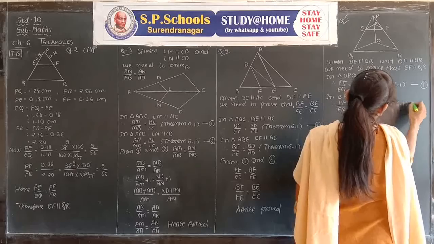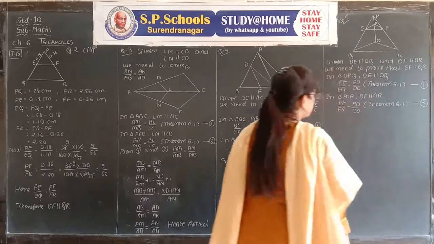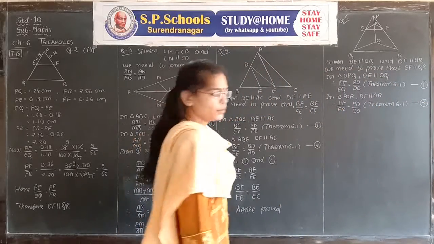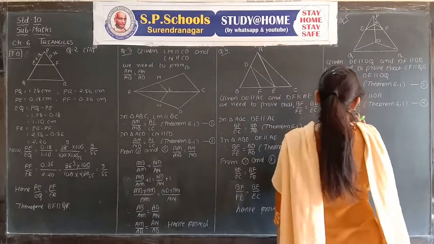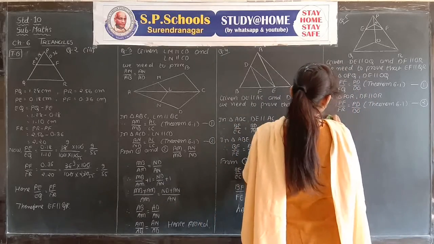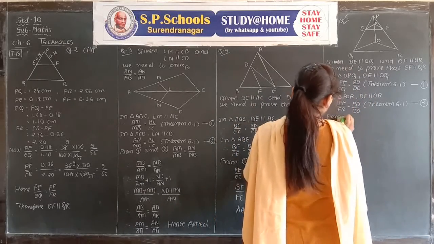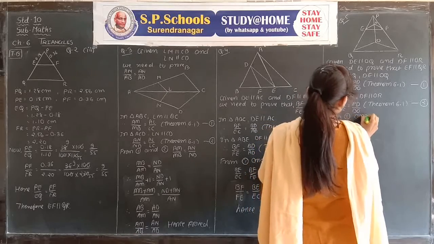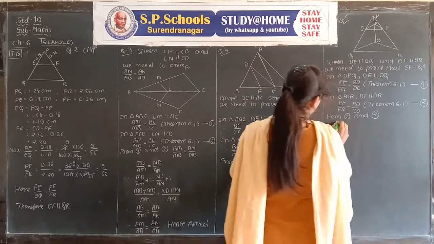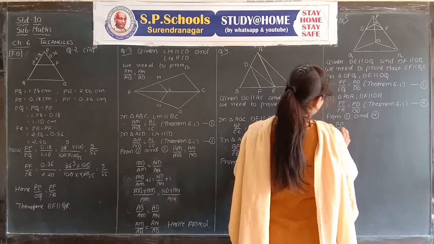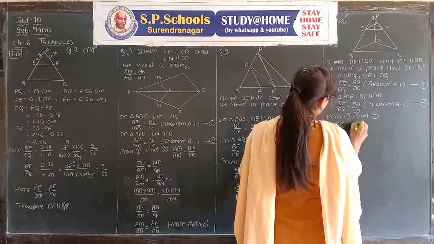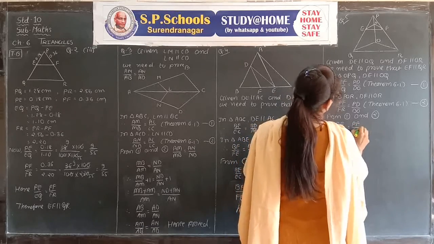Theorem 6.1, it is the second result. Now see result number 1 and result number 2. The right hand sides are equal, so the left hand sides are also equal. From 1 and 2, PE upon EQ is equal to PF upon FR.